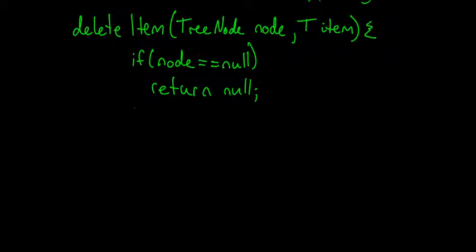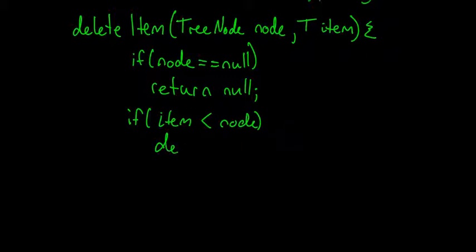Otherwise, the item has to be somewhere. So, in pseudocode, if the item is smaller than the node, then the item has to be on the left-hand side.